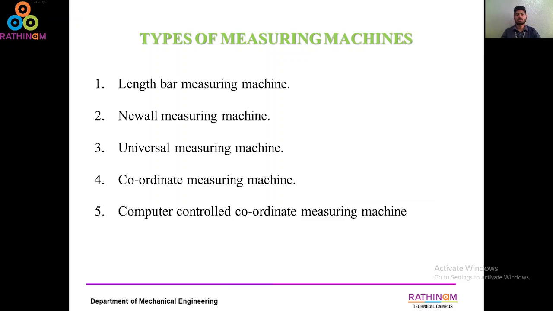First, the length bar measuring machine, which is used for lengthwise measurement. Next, the Newall measuring machine, which is another type. Then the universal measuring machine, then the coordinate measuring machine, then the computer controlled coordinate measuring machine. In this topic we look at the coordinate measuring machine alone.